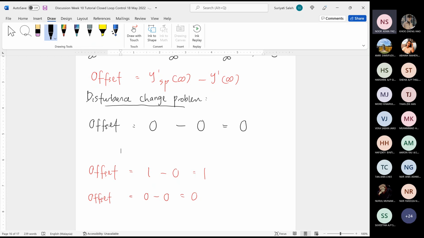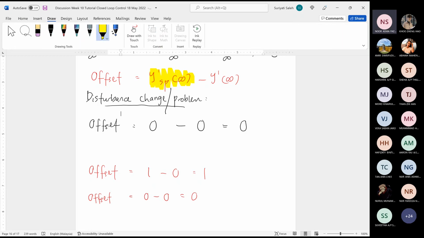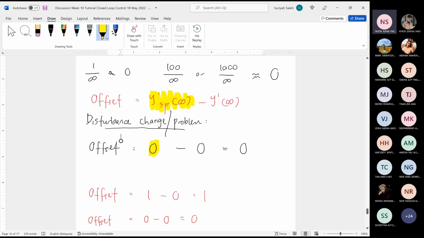That's why for this part, y prime sp infinity contributes to the 0 answer. And for this part, the y prime infinity calculated is 0. So 0 minus 0 equal to 0. This is the final answer for disturbance change problem.